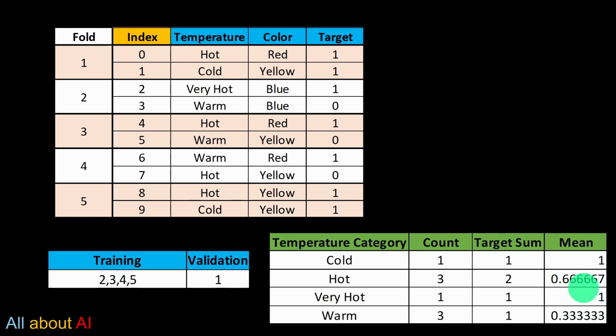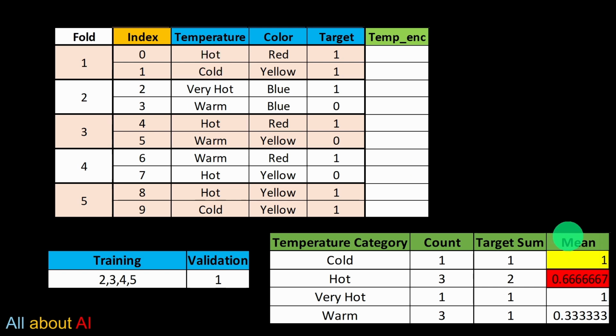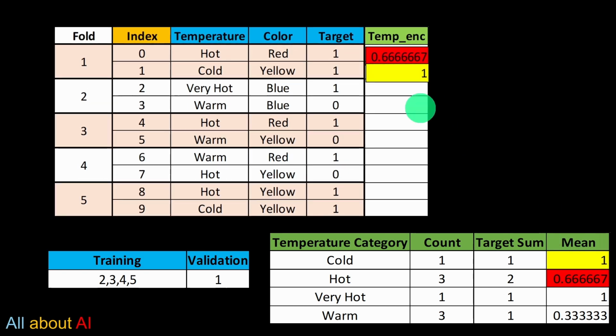Now these values will be assigned to our encoded temperature field. So we'll be encoding hot and cold after this computation. Hot is 0.6667 and cold is 1. So that's how, after encoding, hot will become encoded like this, and cold will be encoded like this.